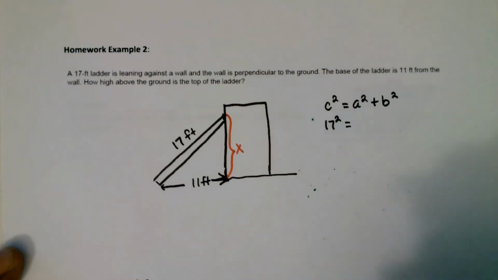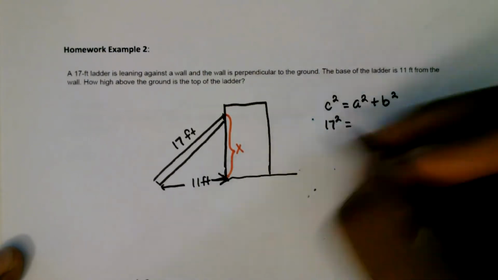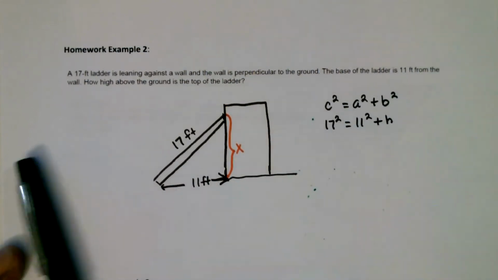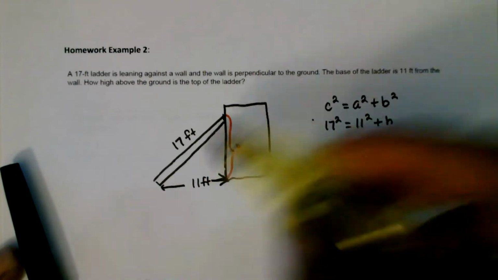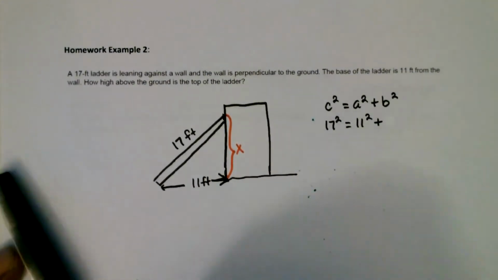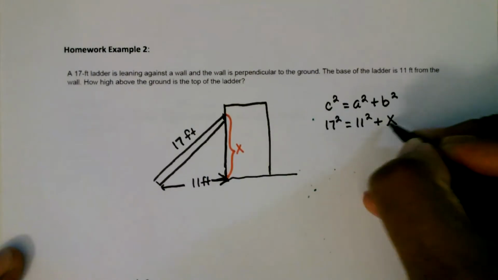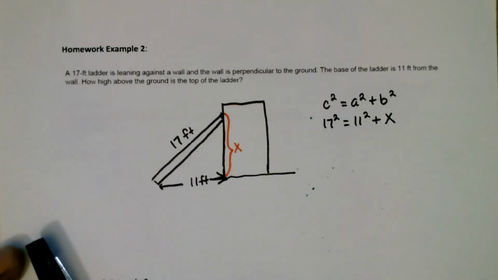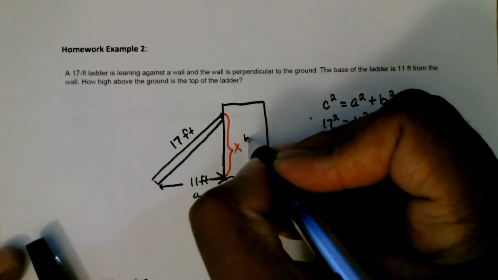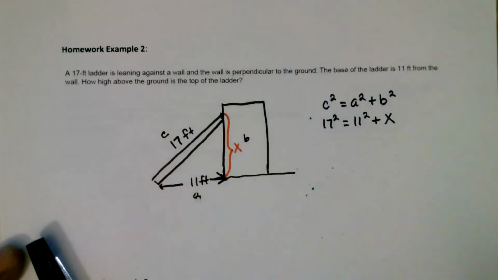So 17 squared equals 11 squared plus b squared. Well, b is going to be x, which is what I'm trying to find. Maybe this will help. This right here will be A, this is B, and the hypotenuse is C.